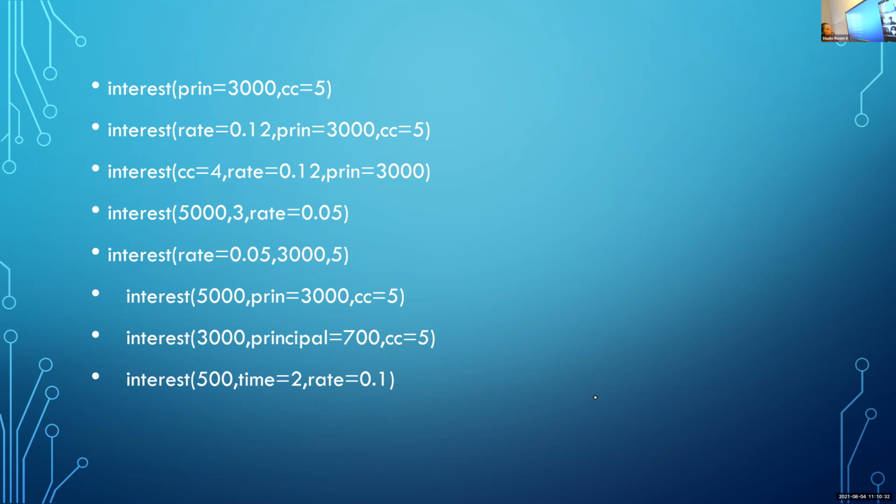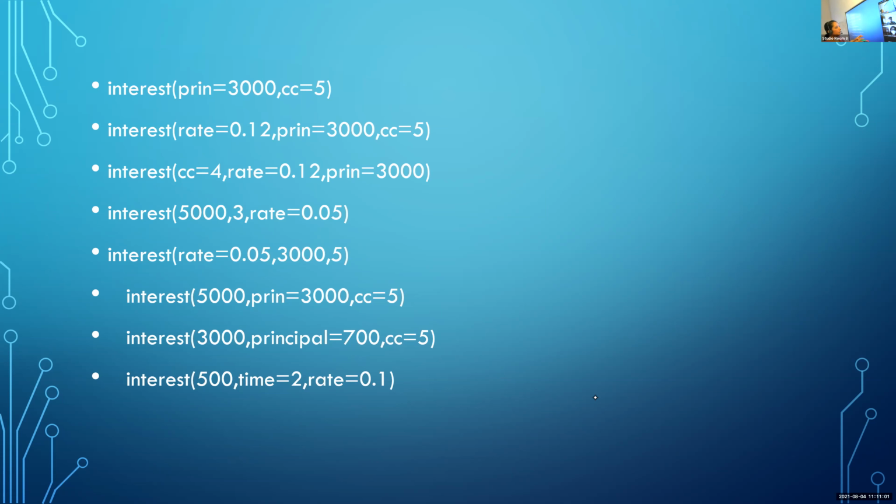Then in the case of default argument, when we are defining a function, we are giving some default value to the formal arguments. That is default arguments. Then the last one, it is keyword or named arguments. Keyword or named argument means, when we are using a function call statement, we are giving name along with value. Okay, that is keyword or named argument.